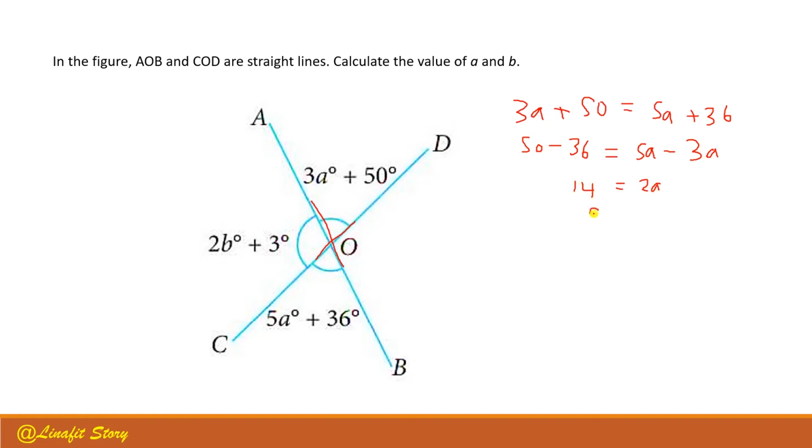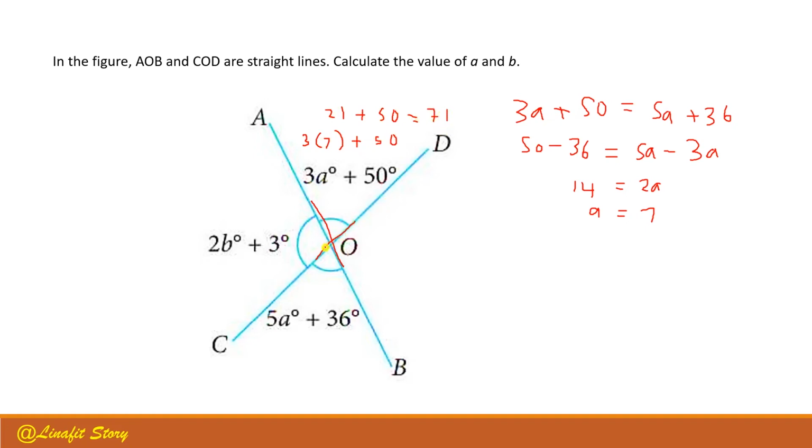So A is equal to 14 divided by 2 is equal to 7. 3A plus 50 is equal to 3 times 7 plus 50. 21 plus 50 is equal to 71.